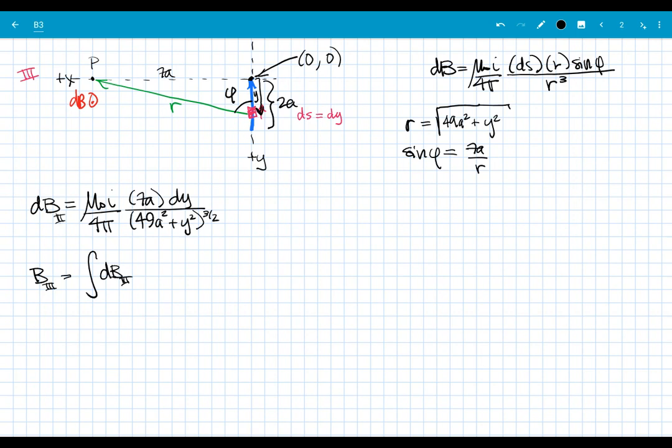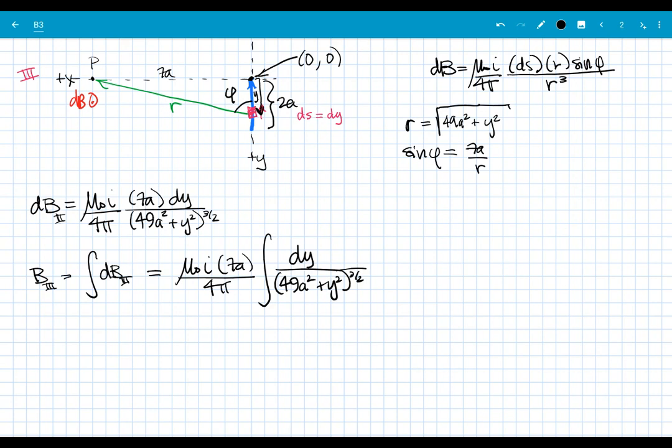Okay, so we can set up our integral. I can pull out constant stuff: mu naught I, the 7a, the 4 pi. Then I can integrate dy, and I'll have 49a squared plus y squared to the 3/2 power in my denominator.